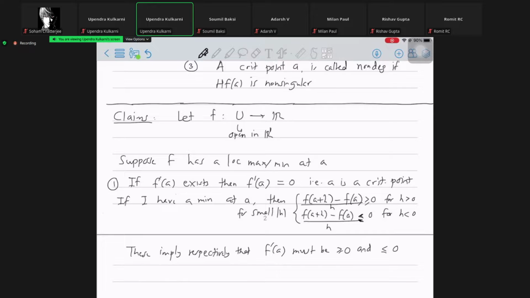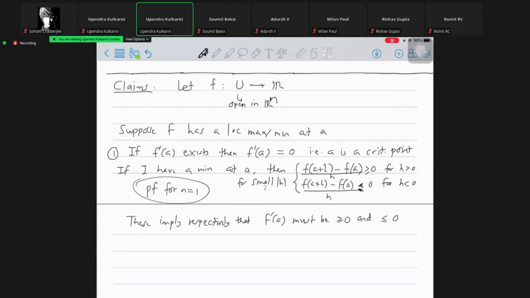So if I do this for R^n, then how does it work? So this is the proof now for n equal to 1. So what is the proof for larger n?